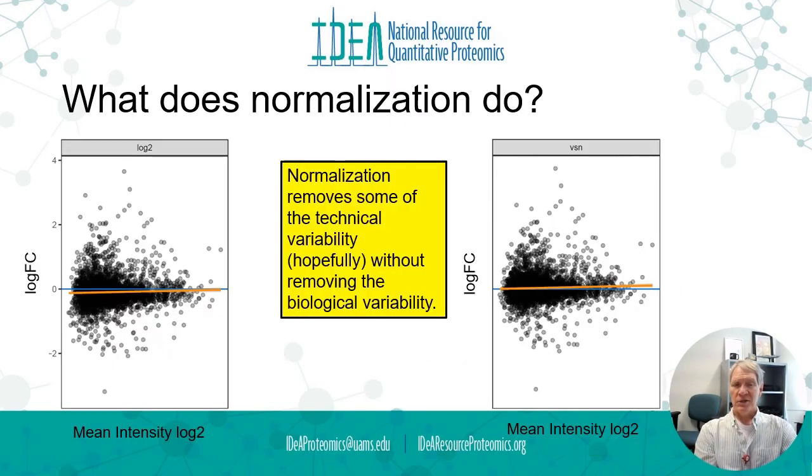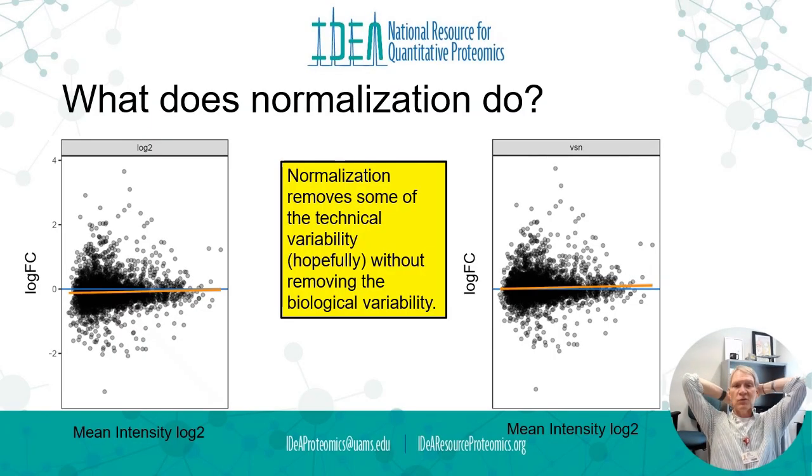Well, what does normalization do? Normalization removes some of the technical variability, hopefully, without removing the biological variability. So if, for instance, there was a huge discrepancy in the types of animals that we used, or their age, or maybe some were male and some were female, that's actually going to be batch effect.